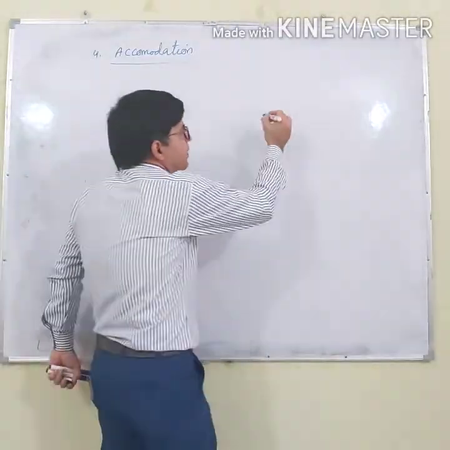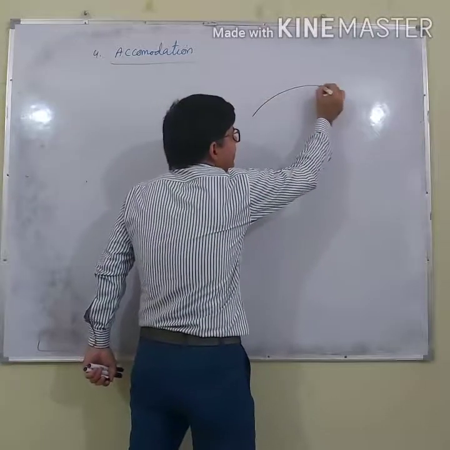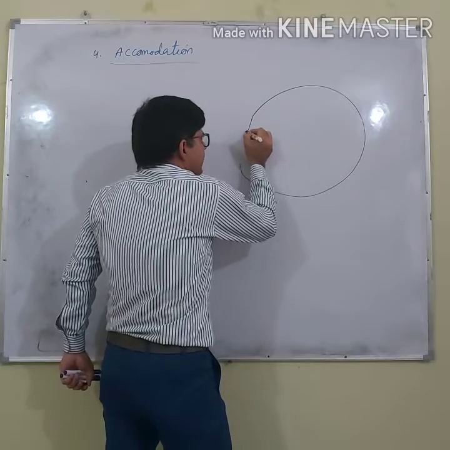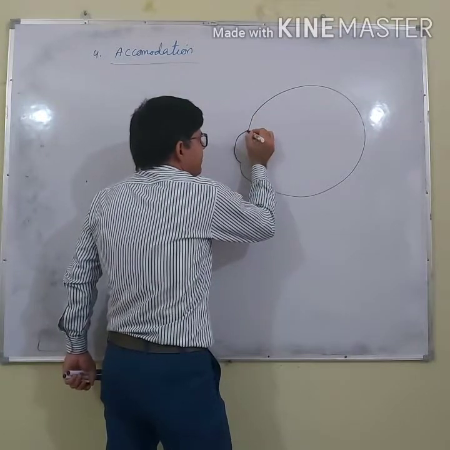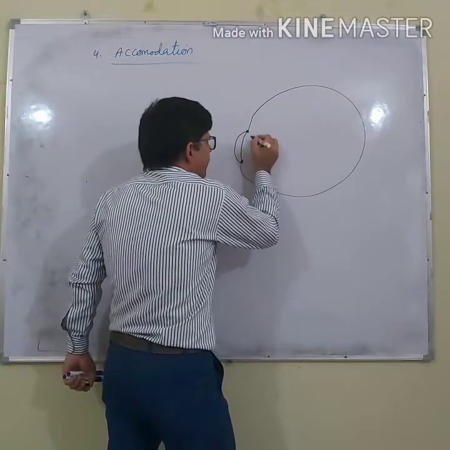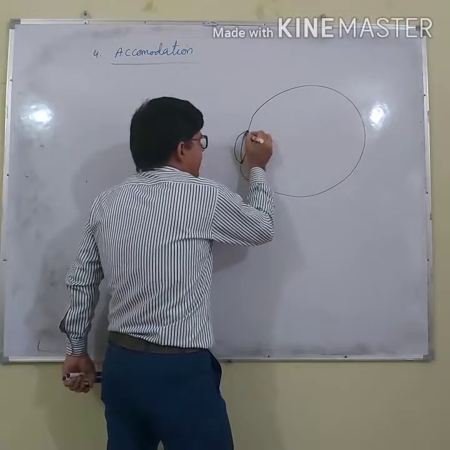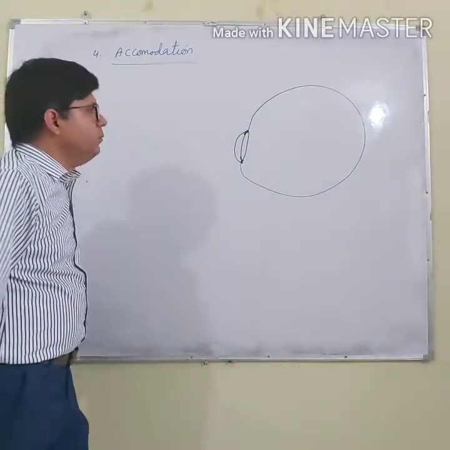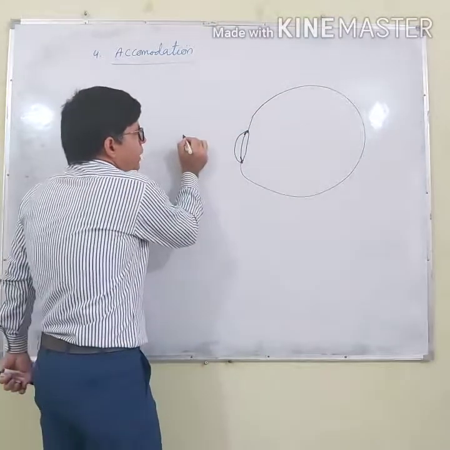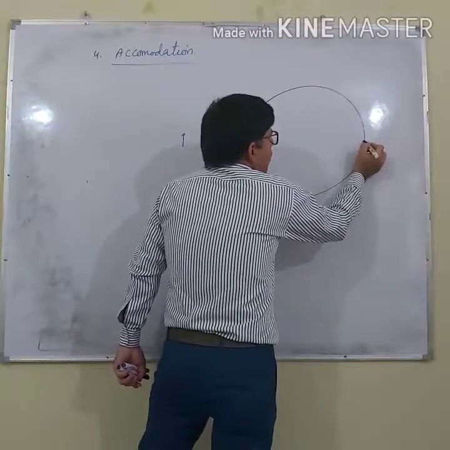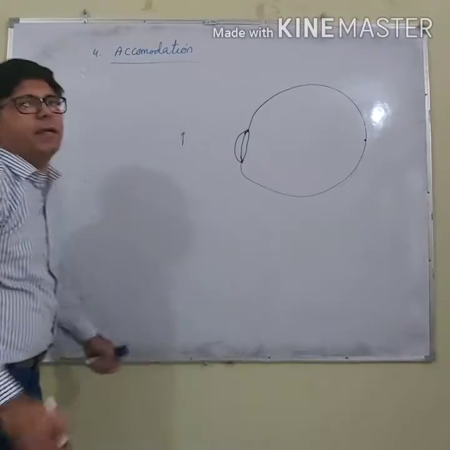Now what happens in this case? Let us say this is the eyeball, and the ciliary muscles are holding the lens, and the pupil is there. Whether the object is here or here, its image is always formed on the retina.